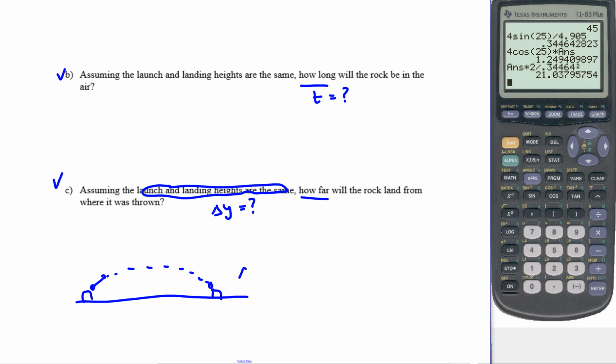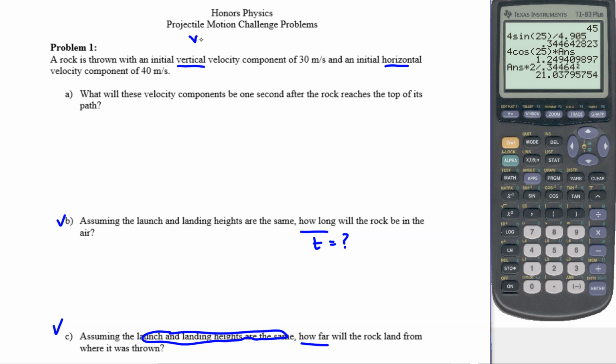But let's just quickly peek at number 1, part A. Okay, a rock is thrown with an initial vertical velocity component of 30 meters per second, and an initial horizontal velocity component of 40. They have given me not VI and theta, they gave me Vx and VIY.